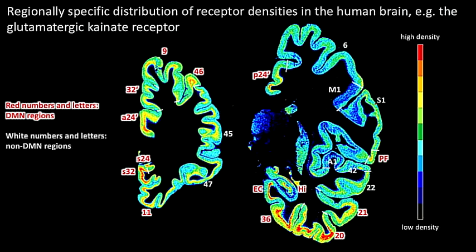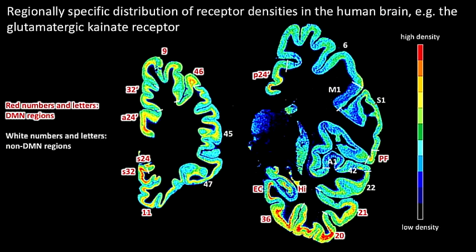And you will get the impression, it's only to introduce you, that the kainate receptors show a somewhat higher density in the default mode areas than in the non-default mode areas. The kainate receptors are most abundant in the deeper cortical layers, and therefore this increase of kainate receptors is seen mainly in the deeper cortical areas.